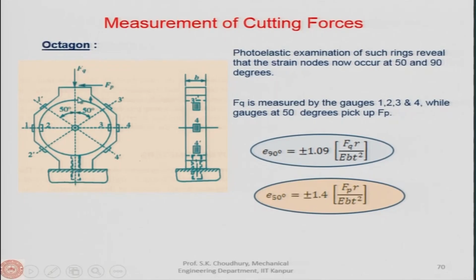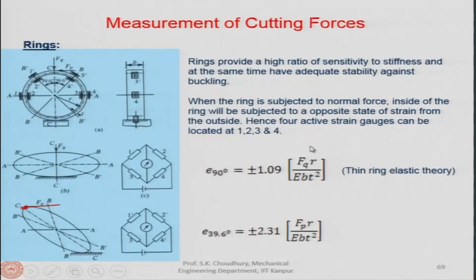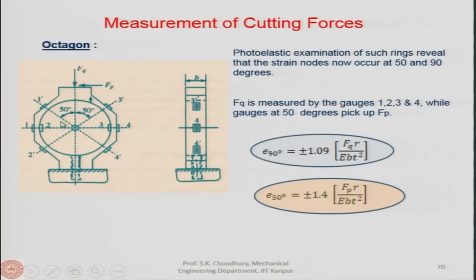This is the thrust force, and the rest of the things will be the same as in the case of the ring. And for 50 degrees, that is 1 prime, 2 prime, 3 prime and 4 prime, the strain measured by the Wheatstone bridge comprising 1 prime, 2 prime, 3 prime and 4 prime will have a formula like this, and from this formula you can find the value of FP, because 1 prime, 2 prime, 3 prime and 4 prime will sense the force FP.